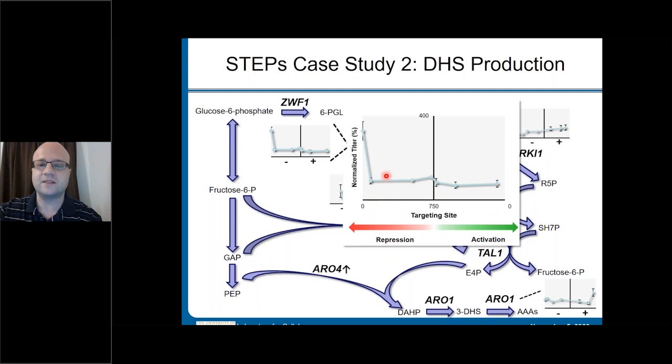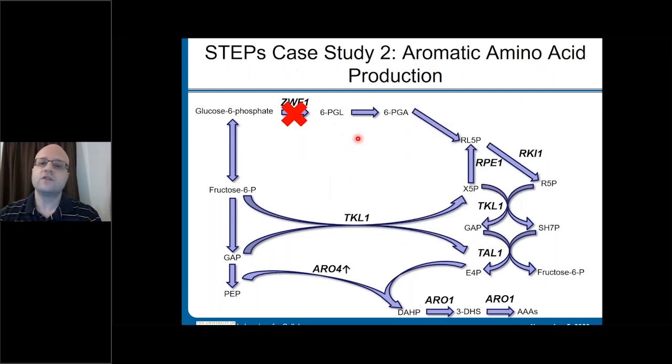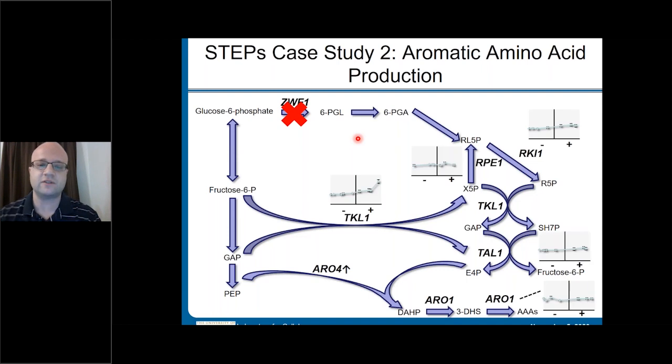So we can see, once again, strong improvement of our product down here, DHS, if we had a strong repression of ZWF1. So then if we were to delete ZWF1 in our strain, and redeploy the library to find our next new target of interest, we end up with relatively flat activity across the board, with the exception now of TKL1.